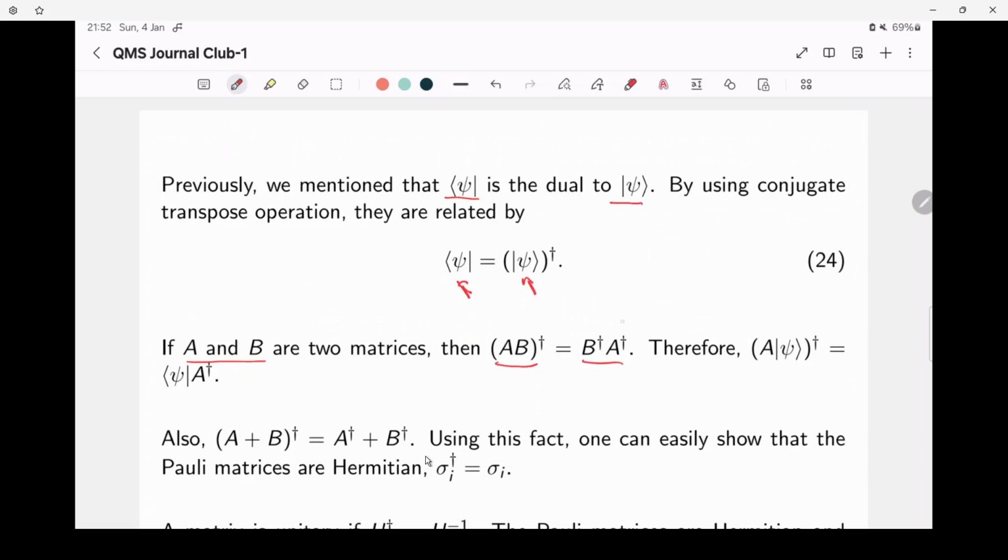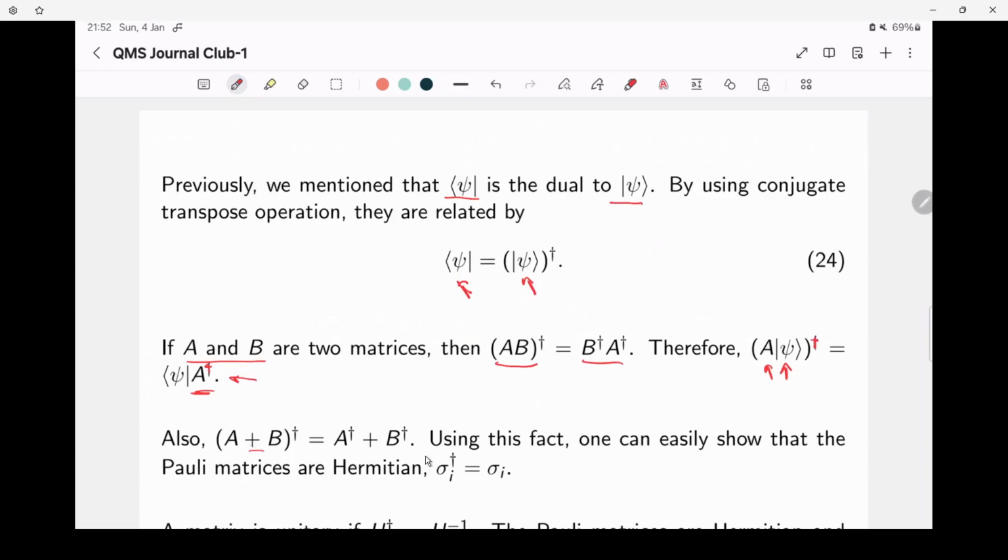Because of this property, when you have some operator acting on your ket and then take the dagger, it is equivalent to your bra with the dagger of the operator acting on it. This is important later on for the next discussion.